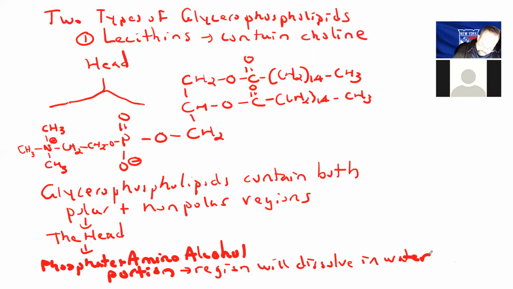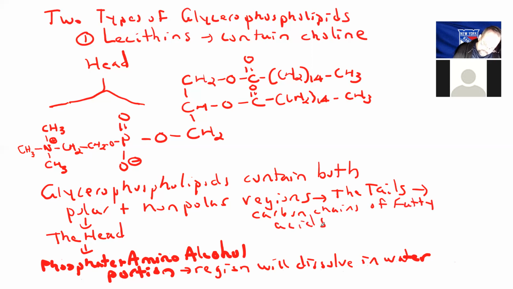Now, the nonpolar regions, they are what are known as the tails. And essentially, those are the carbon chains of the fatty acids. So these regions over here would essentially be the tails of a glycerophospholipid.